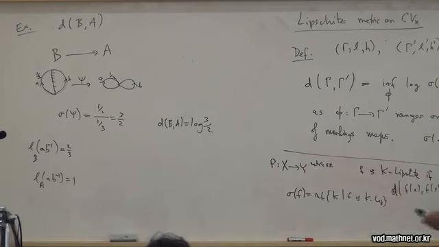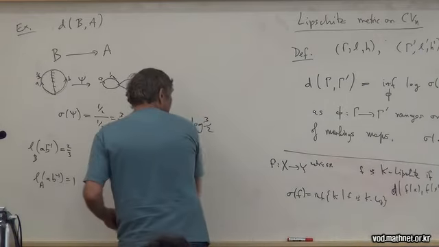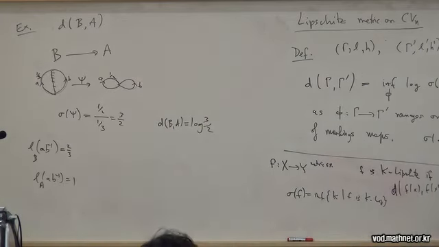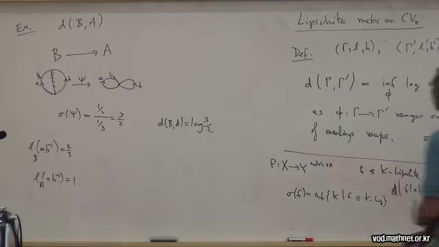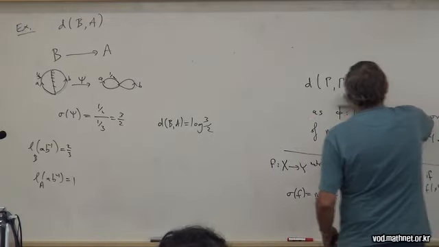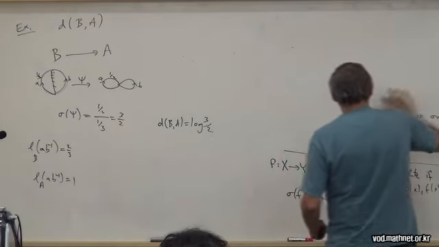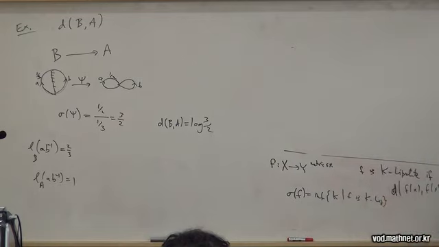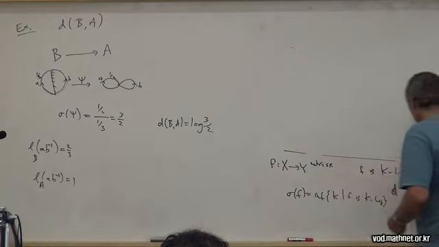Okay, so here's a basic proposition, and then we'll do the main lemma in this subject. Okay, let me erase this. Although I want to make some other comments before we launch into that.